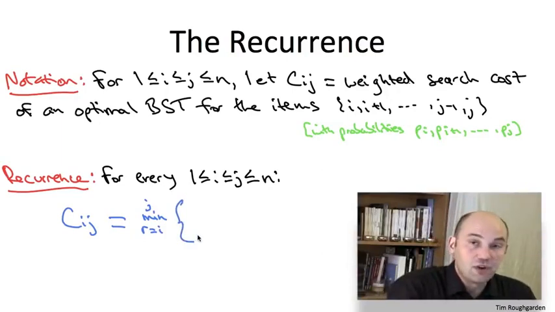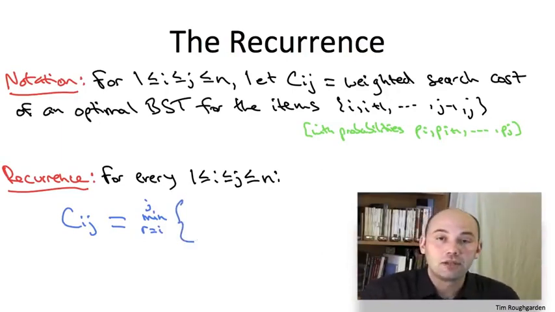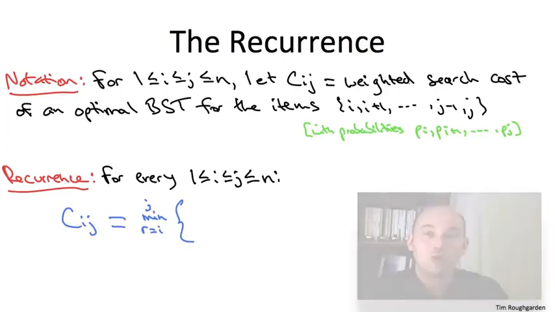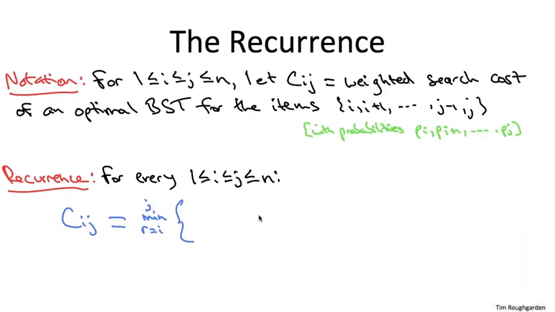And given a choice of r, we're going to inherit the weighted search cost of the optimal solution on just the prefix of items I through r minus 1. So in our notation, that would be C of I, r minus 1. Similarly, we pick up the weighted search cost of an optimal solution to the suffix of items, r plus 1 through j.